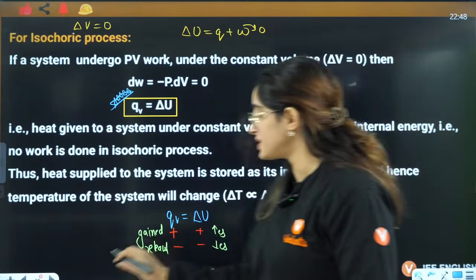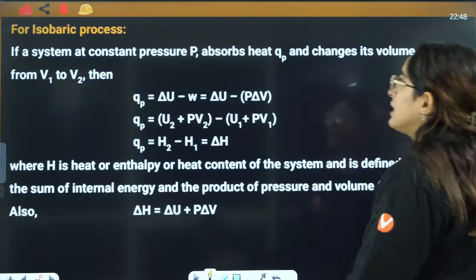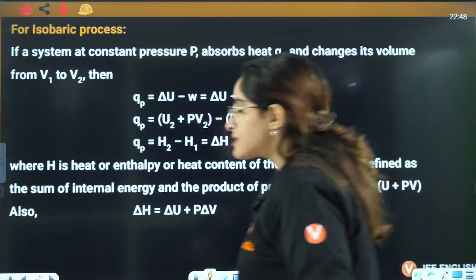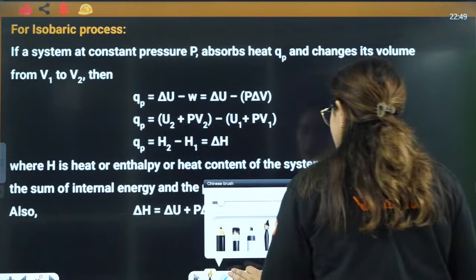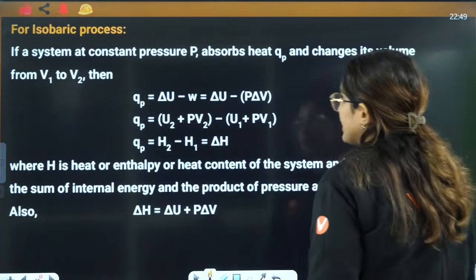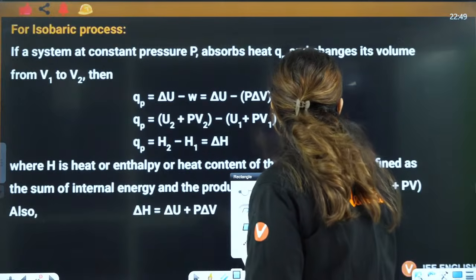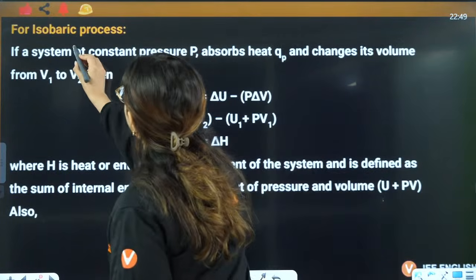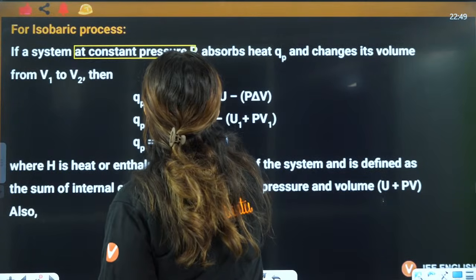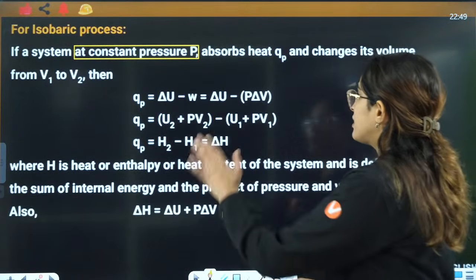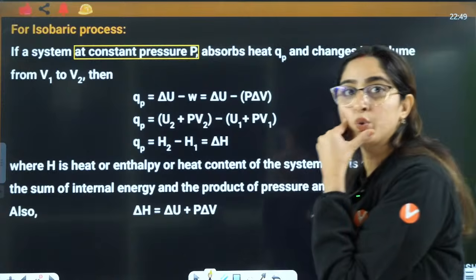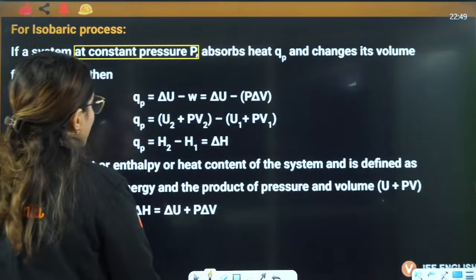Last is the isobaric process. What is isobaric? The system at constant pressure. Now this is quite interesting. This is a formula that you will do later on as well.